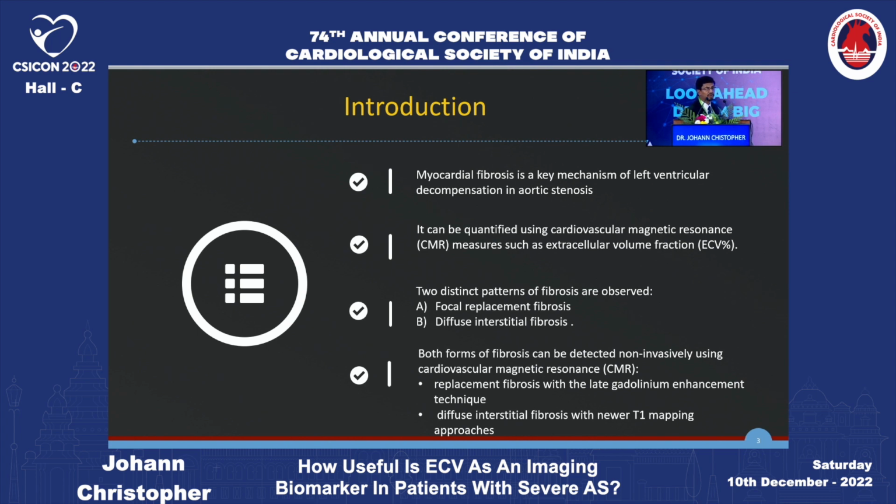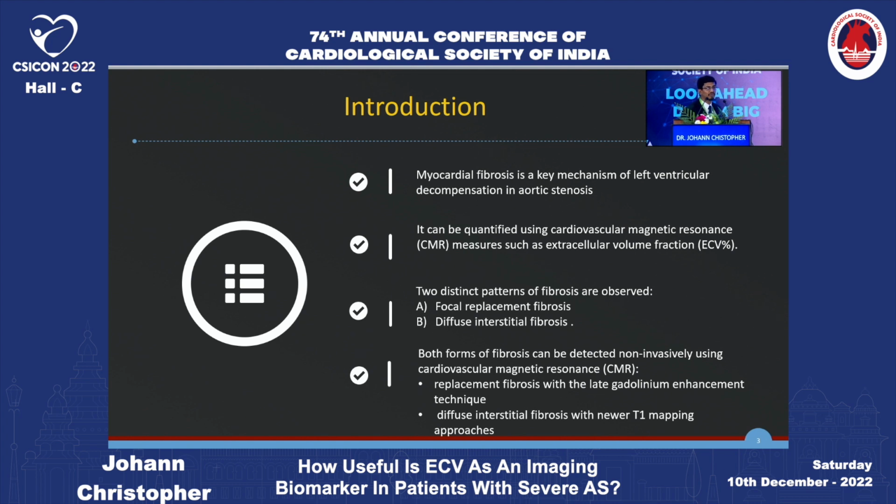What we also have known by MR studies is that there are two distinct types of fibrosis. The first is the focal replacement fibrosis, which is basically cell death and replacement. And the second is the diffuse interstitial fibrosis, which happens at the matrix level, which we believe can be reliably reversible.